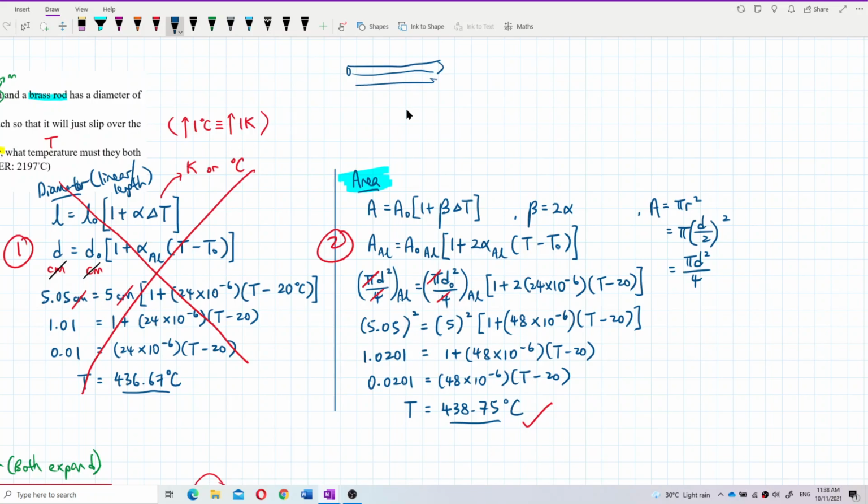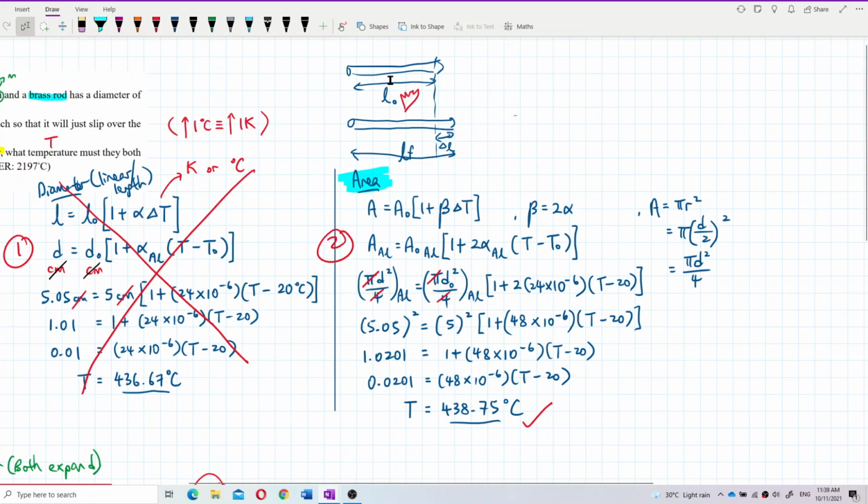This is the initial length, and then you heat it up. The rod becomes longer, a bit longer like that. You see that? This is the delta L. This is the whole length L naught, and this is the L final.